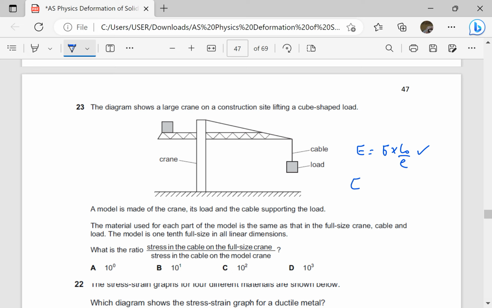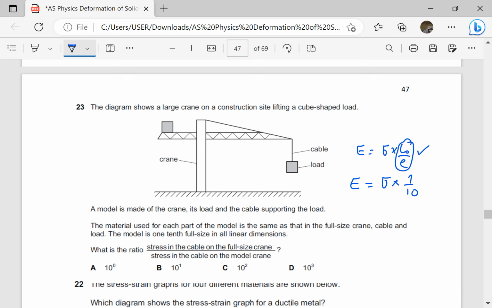Then for the model, Young modulus is going to be stress times, because this is reciprocal, I'll just multiply. They say the model is 1/10 full size in all linear dimensions, so this will be times 1/10.